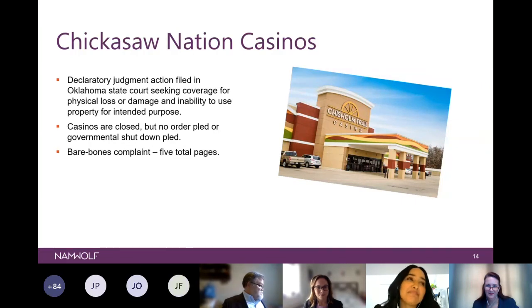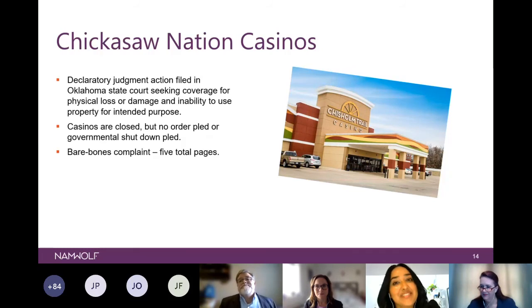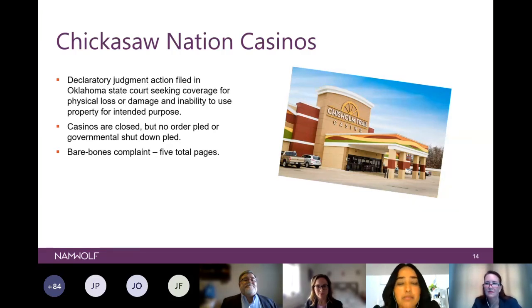I don't think it's necessarily the best strategy, but I will tell you, as a defense counsel, I see plaintiffs' counsel doing this all the time. While we can file motions to dismiss, what happens here in Florida is that all they need to do is meet the minimum requirement of a pleading, and they get their case in.